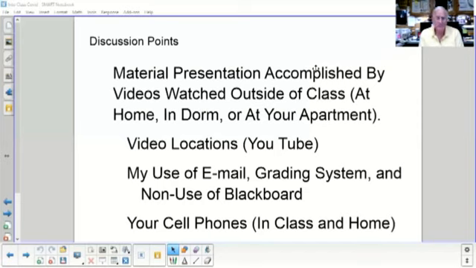Now, your cell phones, you must make sure your cell phones are aligned to get your emails so that we can communicate. I also want each of you to email me your cell phone number, so in case I need to get a hold of you to find out maybe what's going on and why maybe you're not doing what you should in the class, I can call you and we can discuss it.